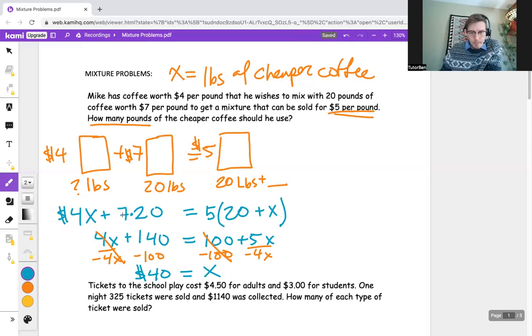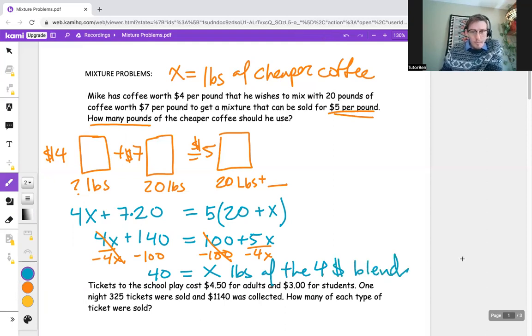Let's see, something happened here because we defined x as pounds of the cheaper coffee, so this isn't going to be dollars. This is going to be 40 pounds of the $4 blend.